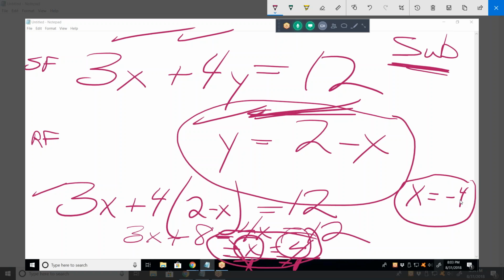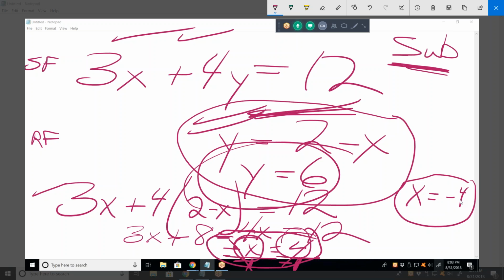You could solve it by going up to that one, but the arithmetic's a lot harder. This arithmetic is one step. What's y equal to? Good. So y equals 6, x equals -4.